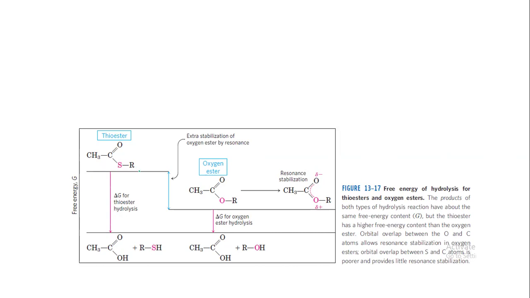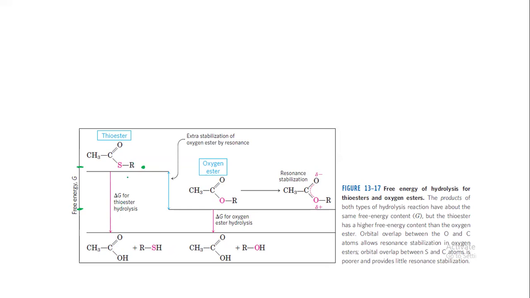So this is the energy value of the thioester. While the presence of oxygen in simple esters does not contribute too much to the energy. So this is the energy value of the simple ester.